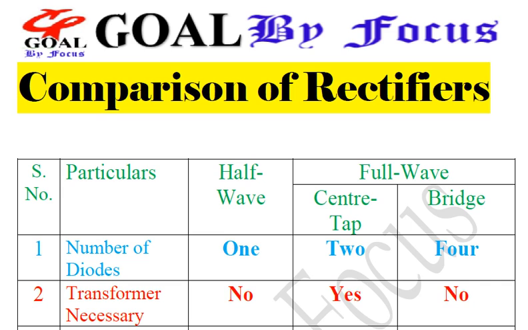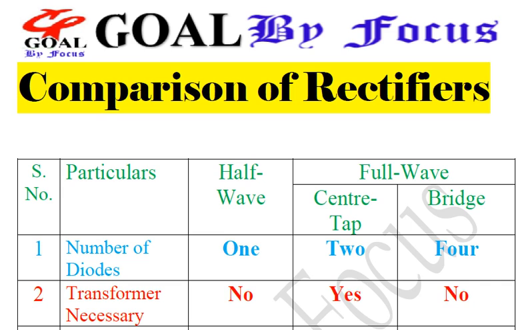The motto of this video is to provide a comparison of various points of rectifiers. Friends, you can also save your time and easily remember all points in a short time after watching this video.